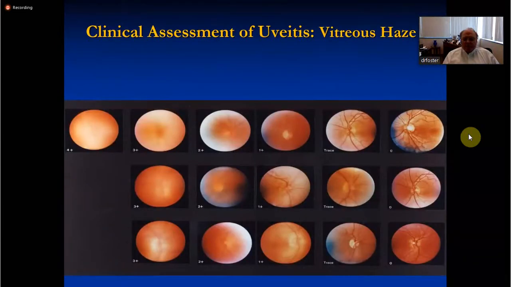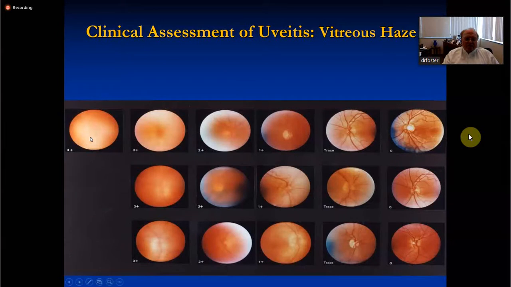And then, of course, there's the vitreous, which is the worst of all. I hate it. So does every other uveitis specialist whom I know. Uveitis specialists routinely disagree when they're shown a patient, much less a series of photographs, on grading the vitreous haze. But one needs to try and make an effort at grading the vitreous haze.